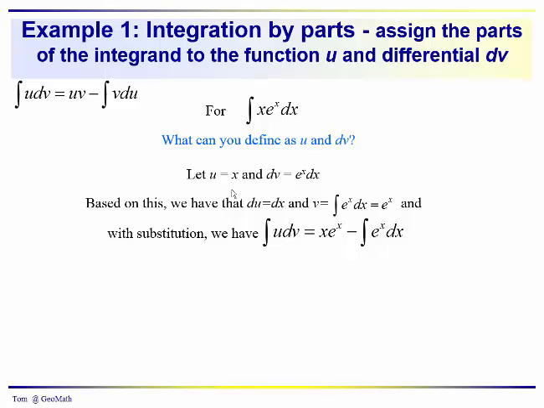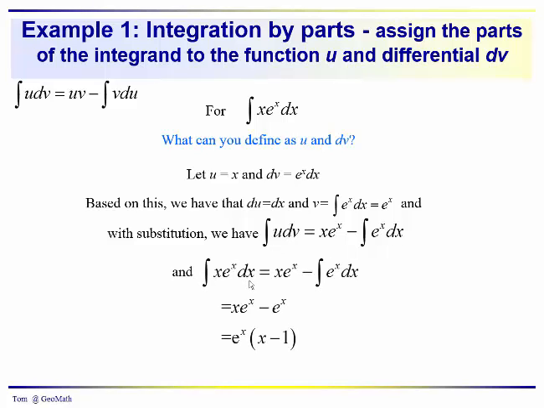So we have the terms that we need, and when we substitute those in, we get the original integral x e to the x dx is equal to x e to the x minus the integral of e to the x dx. Well, this looks a little bit more manageable.